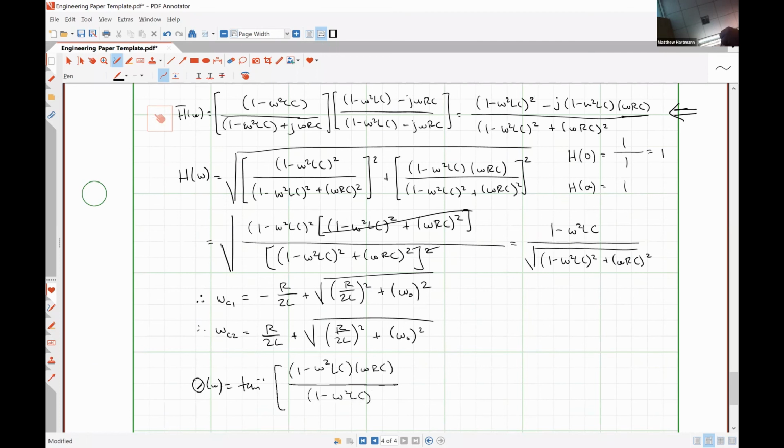And I should probably make mention of something that I'm doing here. I'm only looking at the numerator because the denominator is shared, so those are going to cancel each other out. But technically, I should have 1 minus omega squared LC times omega RC divided by that whole numerator, divided by 1 minus omega squared LC quantity squared divided by that whole numerator.